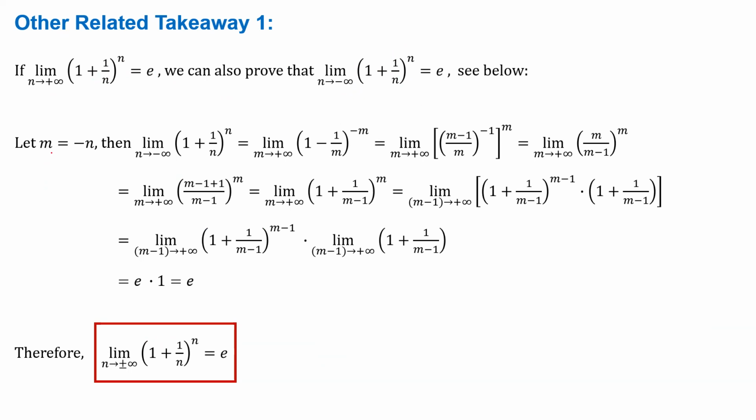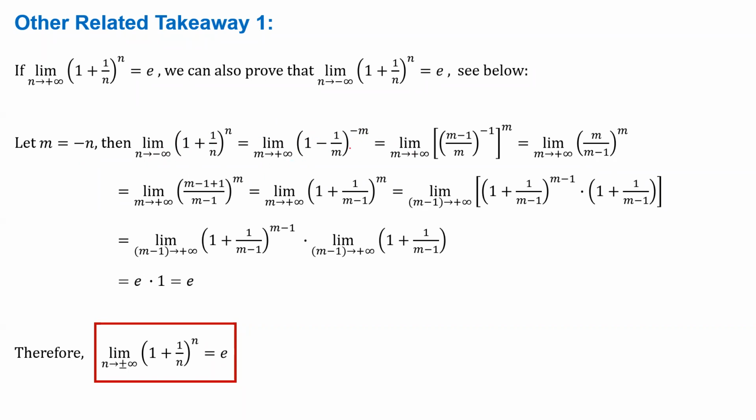So for example, we can let m equal negative n. Then we know the limit of this expression as n approaches negative infinity can be rewritten as the limit of 1 minus 1 over m raised to the power of negative m as m approaches positive infinity, right?